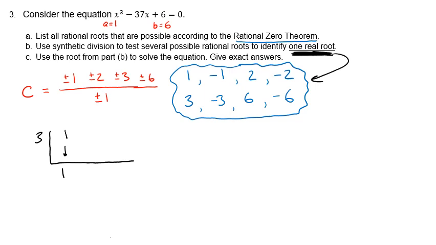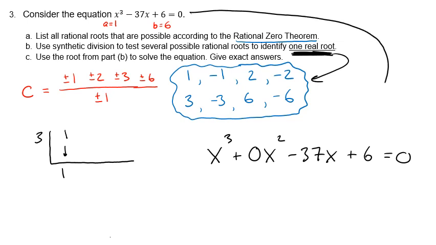we need to treat this like x to the third plus 0x to the second minus 37x plus 6 is equal to 0, right? We have to take this equation and account for that missing power of x. Because remember, synthetic division is shorthand notation. It uses place value.